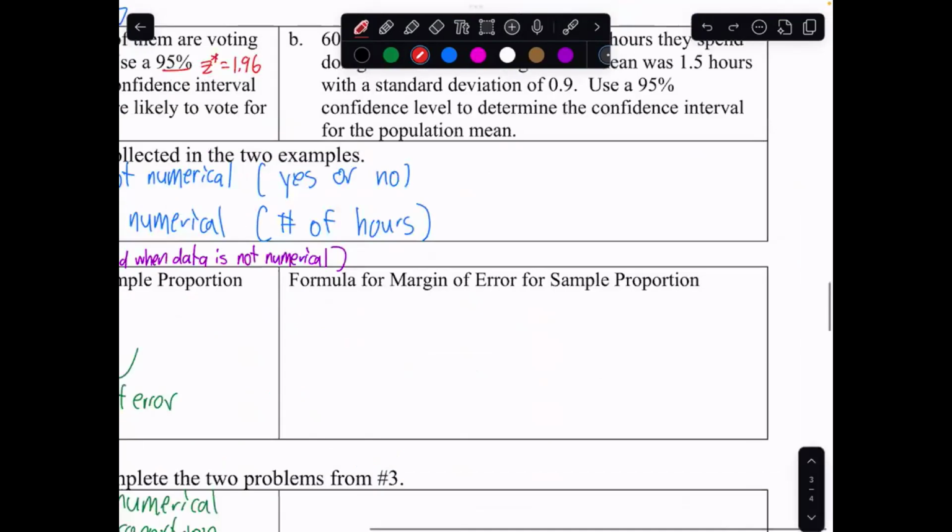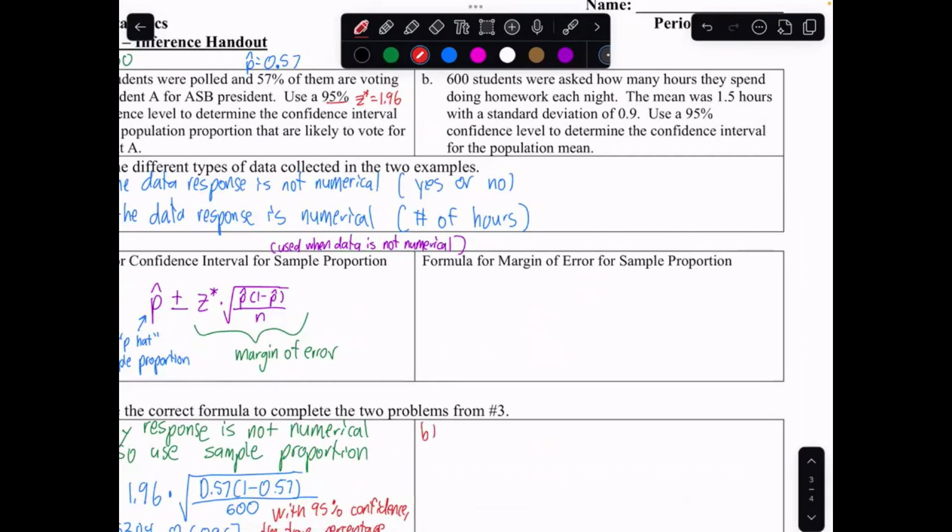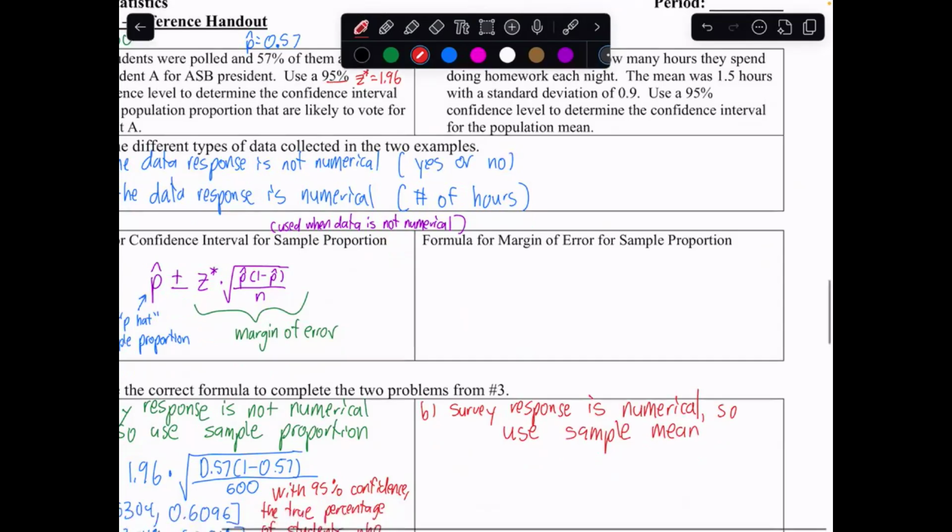So for part B, the survey response is numerical. So this time you use the sample mean.